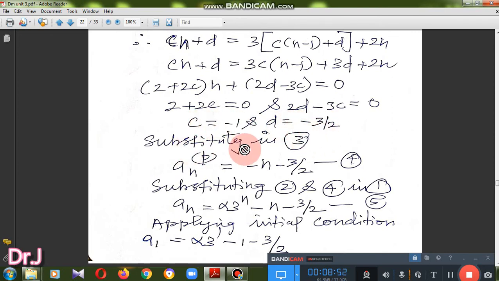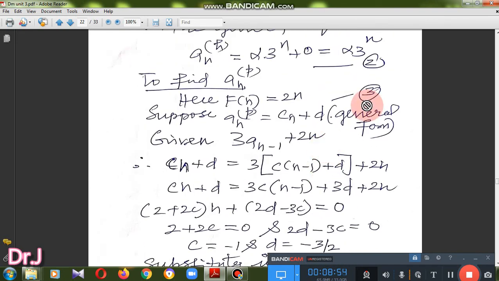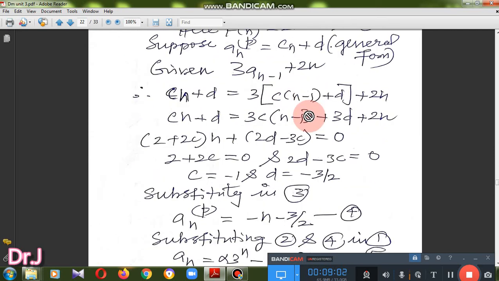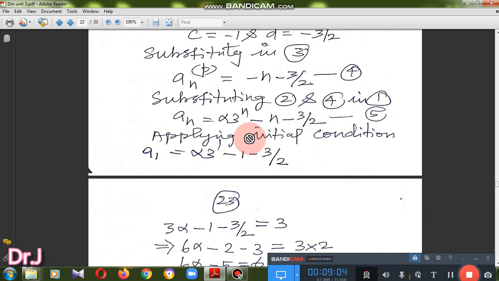So substituting this in equation number 3, which is the particular solution, c and d values substituted, you get a_n^(p) equal to minus n minus 3 by 2.